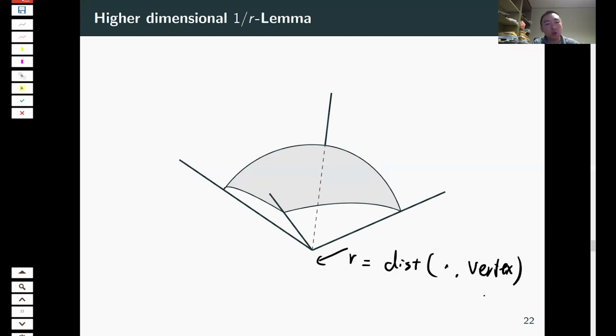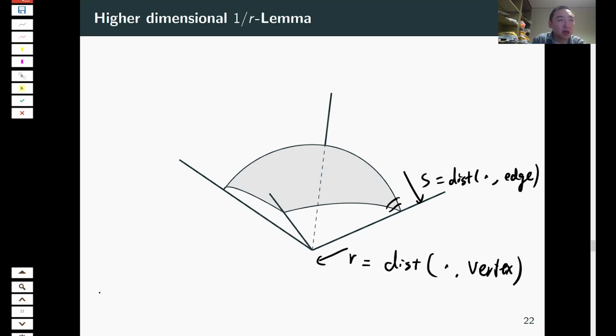But during the deformation, you might also change the dihedral angles. So for example, the angle here. When you change it, it will also introduce an unbounded term. Let me call it 1 over s, where s is the distance to the edge. The two terms will appear simultaneously in the deformation.